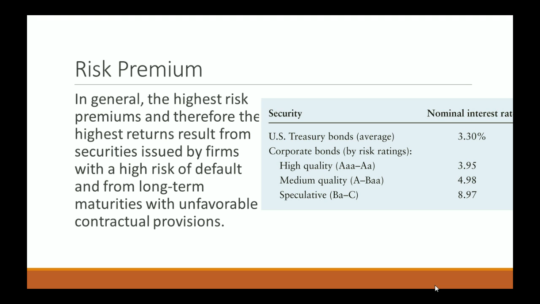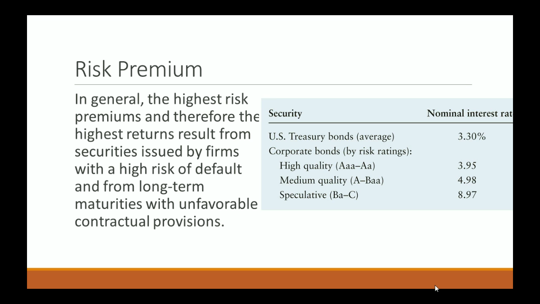Corporate bonds, their risk generally varies by the chance of default. We measure the chance of default by using ratings. Companies are rated on their ability to repay money that they've borrowed, basically on their chance of default.